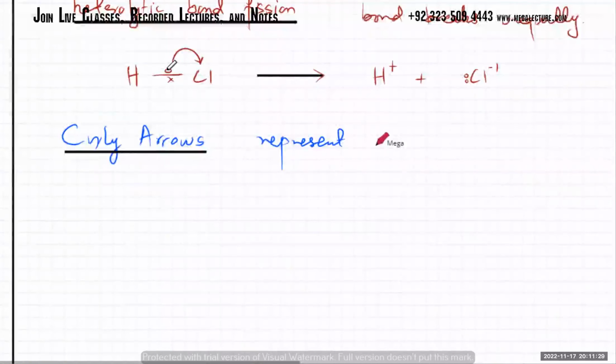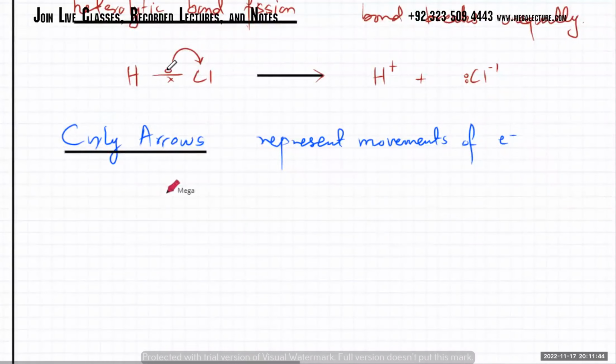Arrows will represent the movement of electrons only, nothing else. So you're going to use arrows to represent the movement of electrons only. Where are they going? They'll be going from one atom to the other one.